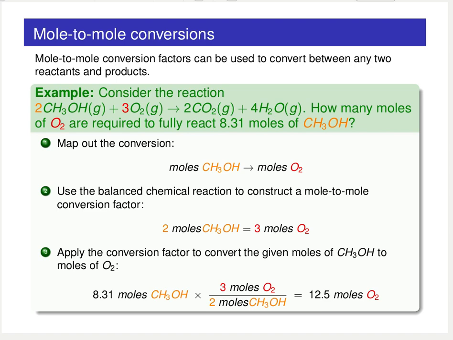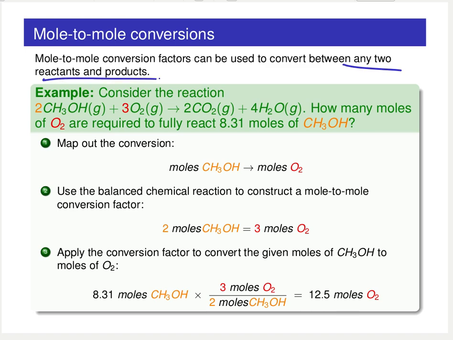Okay, so in the previous examples, we've seen how we can use these mole-to-mole conversion factors to convert from a given amount of reactant to an amount of product that can possibly be formed if you fully react that reactant. Now, this mole-to-mole conversion factor concept can actually be applied to convert between any two reactant and product compounds.